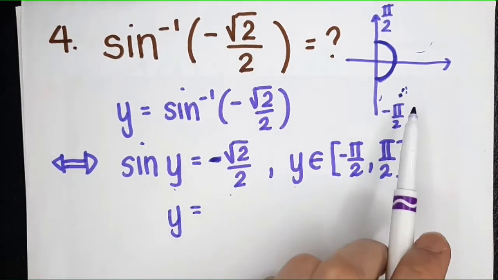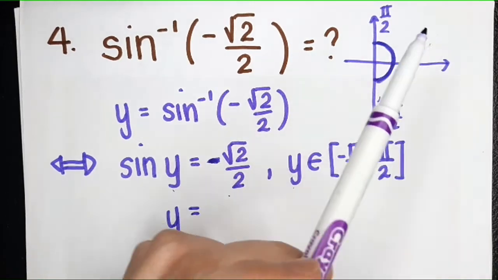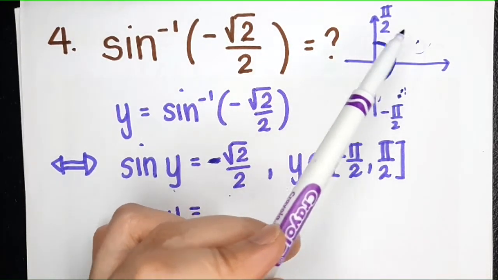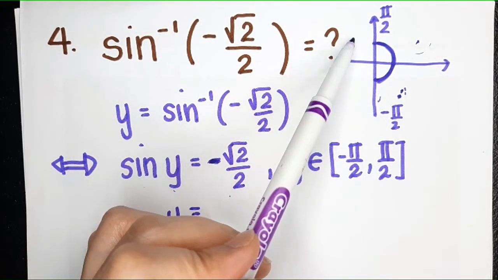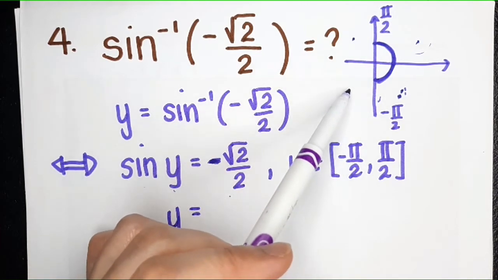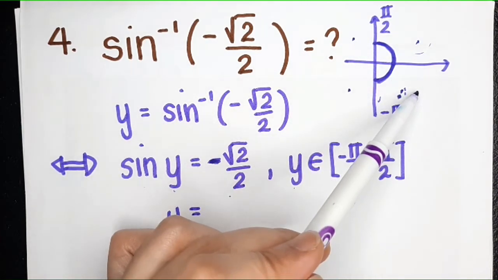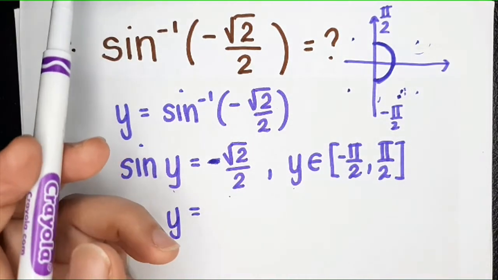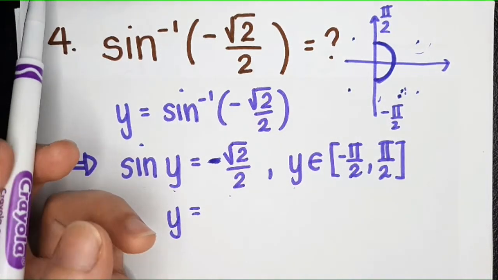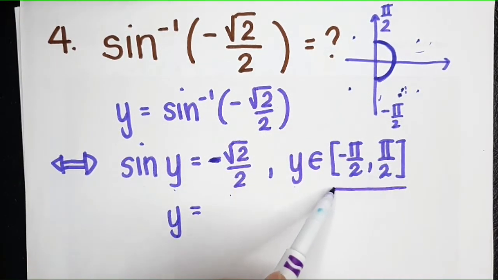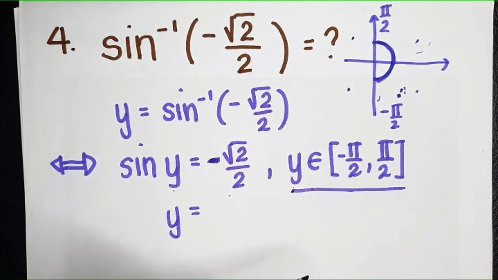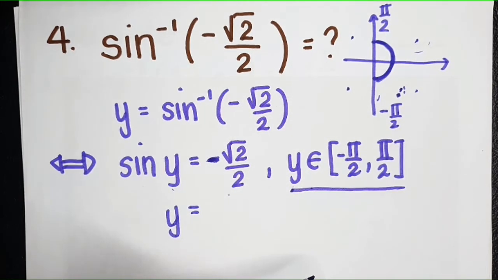Ma'am, nasa fourth quadrant yan. So, ibig sabihin, yung kanina, if this is pi over 4, tapos dito, 3 pi over 4, and then 5 pi over 4, this is 7 pi over 4. Hindi pwede ang 7 pi over 4 because wala siya dito sa interval na yan. So, maghanap kayo ng iba pa.